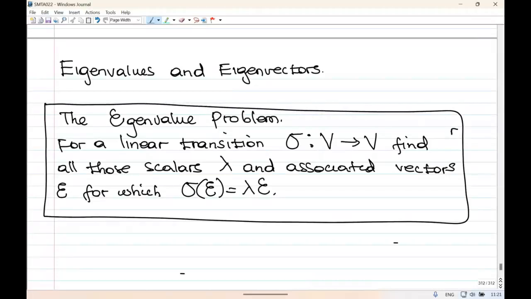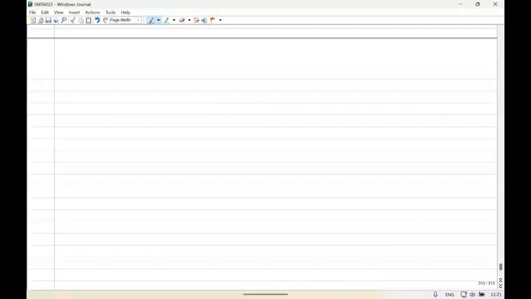Then number 2, remember on the Cayley-Hamilton theorem, we were dealing with a square matrix, because we are going to calculate the determinant of that to get the characteristic polynomial.